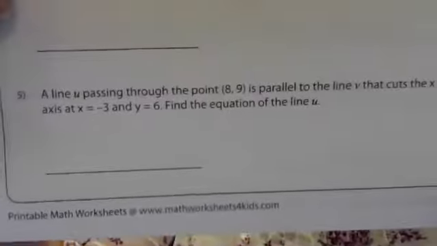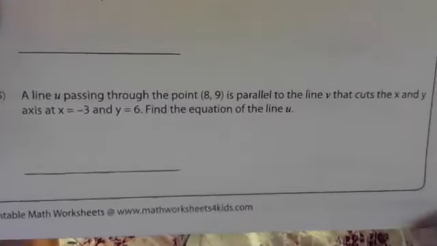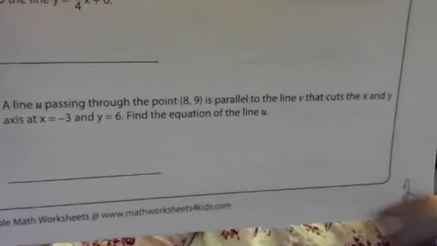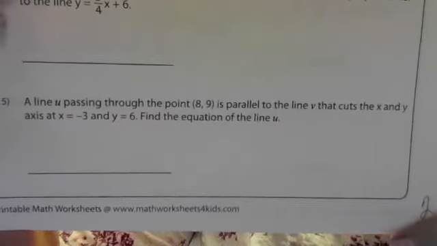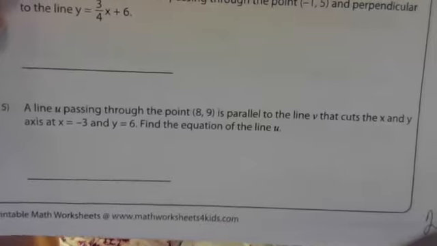Here's number 5 again. You want to write the equation of a line, and they're going to call it line U, that passes through this point and is parallel to this line. And that's the confusing part after that, right? After the parallel, kind of confusing. All right.